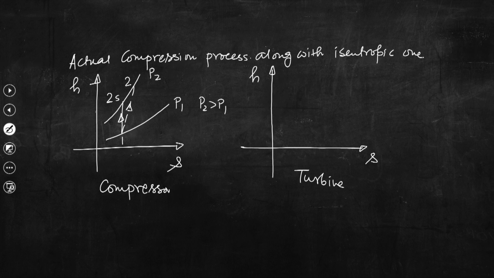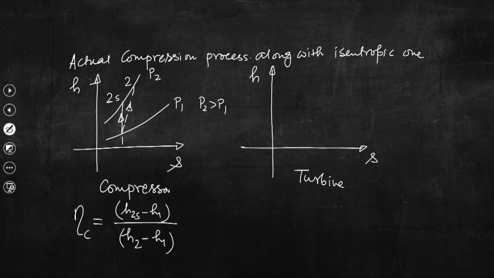We can define the isentropic efficiency of the compressor. We know that the actual work needed to compress the air should be much higher than the isentropic one. So, it is H2 minus H1, while this is H2s minus H1.